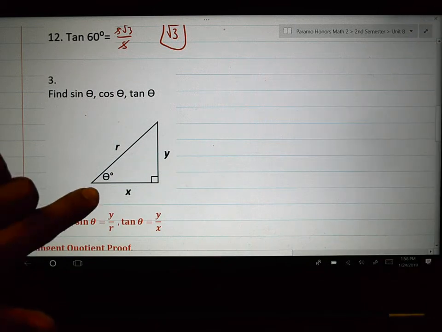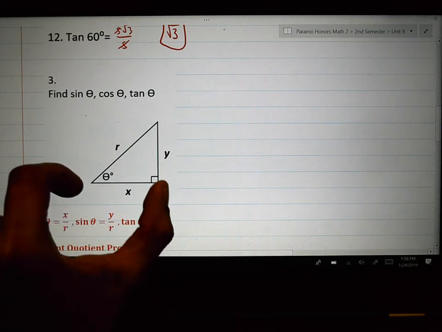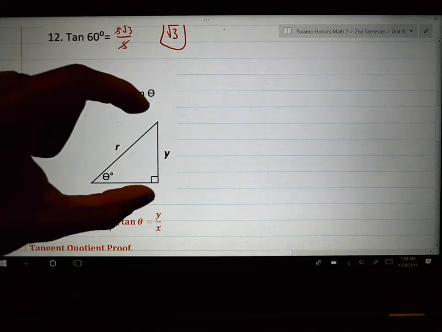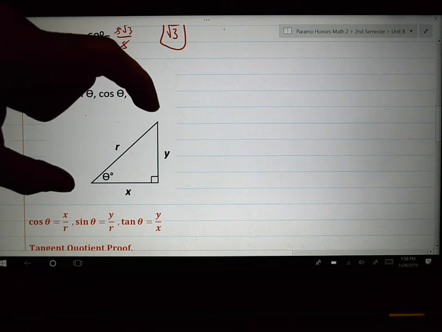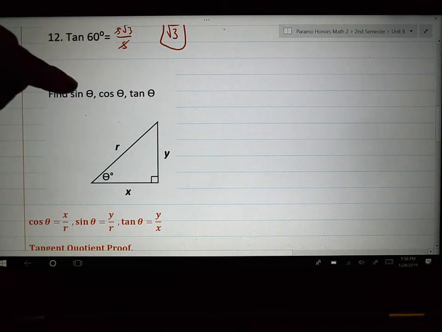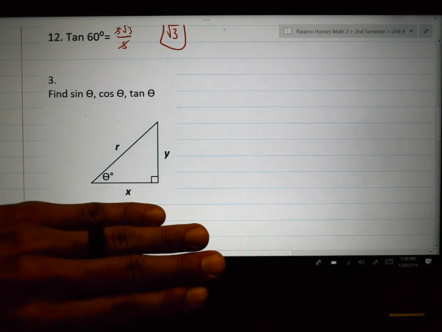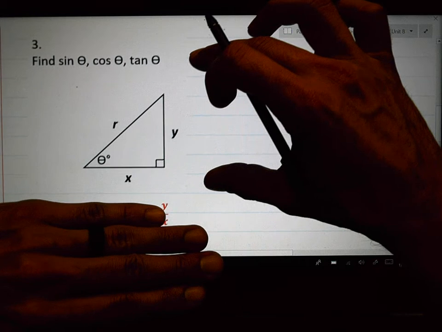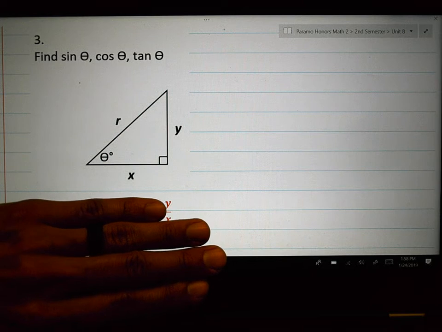We don't know how many degrees this angle is, but I bet if the horizontal distance is x and the vertical distance is y, and this diagonal distance, we call that the radius or r, we should be able to figure out what the sine of theta, the cosine of theta, and the tangent of theta are. If you know how to do that, go ahead and write those down in your notes. What is the sine of theta, the cosine of theta, and the tangent of theta? And discuss with your partner, or if you don't know, ask your partner how to do it.